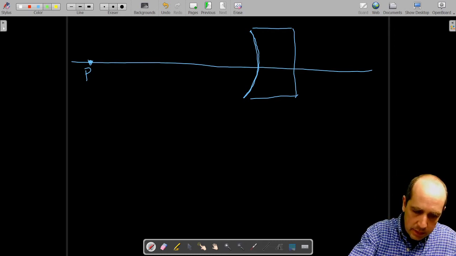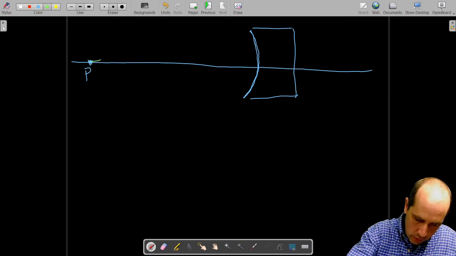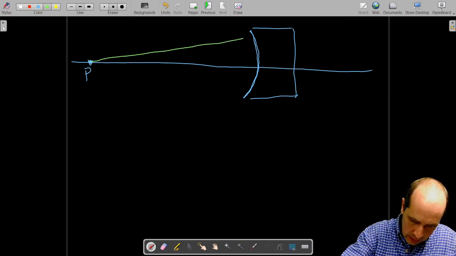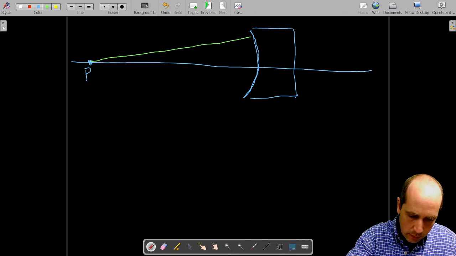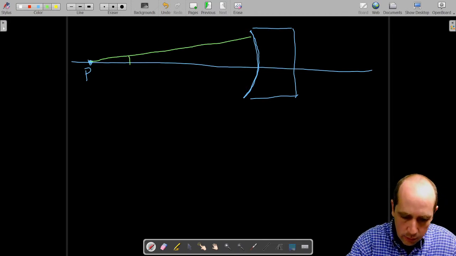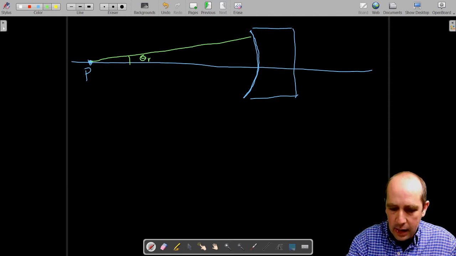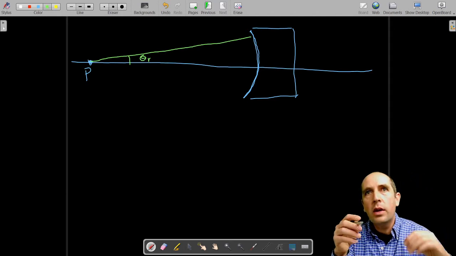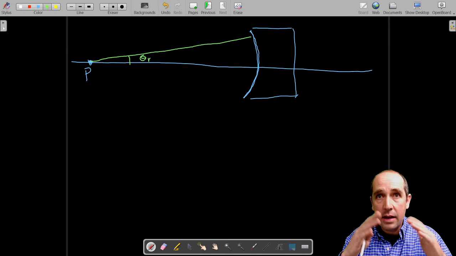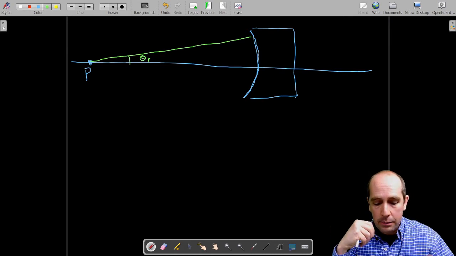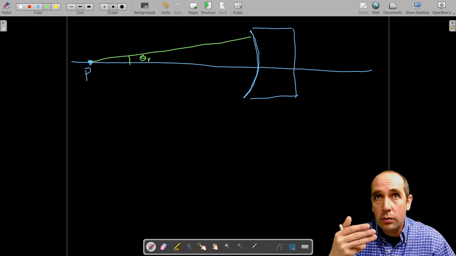So let's draw a ray here which goes at any arbitrary angle, and let's call that angle theta 1. And that one, we know already, it will reflect at the same angle that it's incident at.